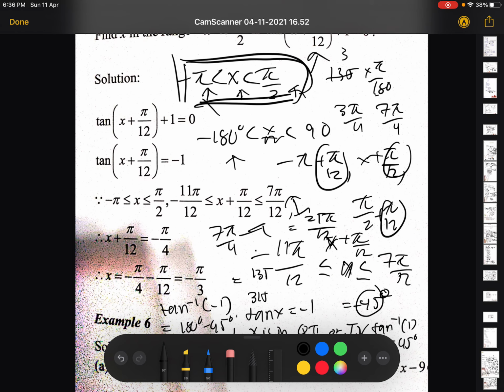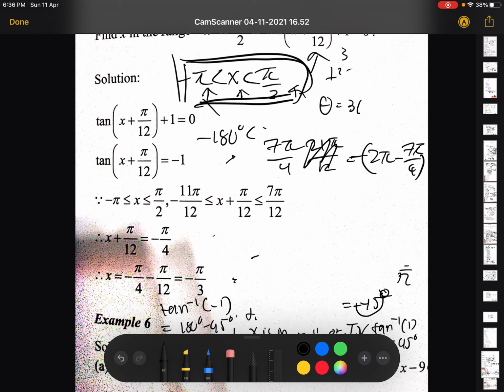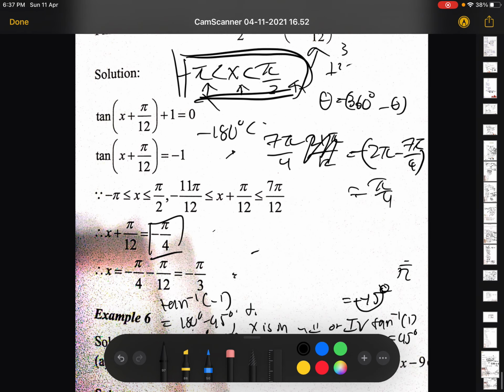So you would assume that you can just take it out. But the true case is 21 pi over 12 is equal to 2 pi minus, not 25 pi over 12, 7 pi over 4. So it's equal to minus 2 pi minus 7 pi over 4, because remember, theta is equal to minus 360 minus theta. So you do that, you will get pi over 4 here instead. Negative pi over 4. So that's how you get your answer.